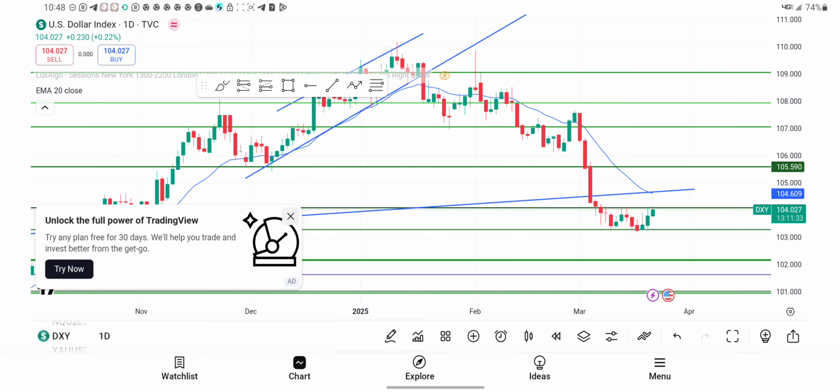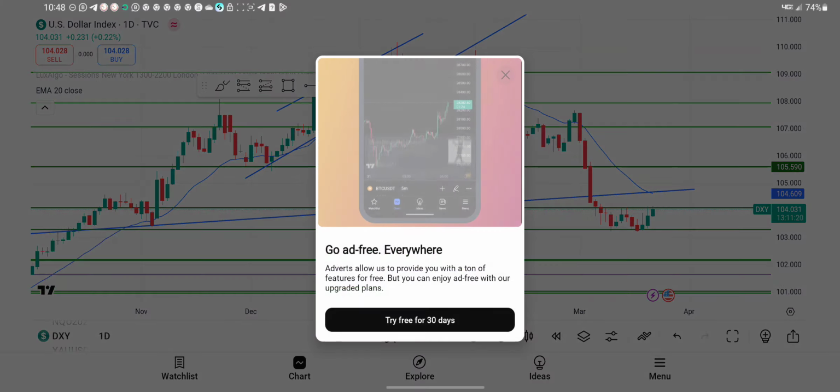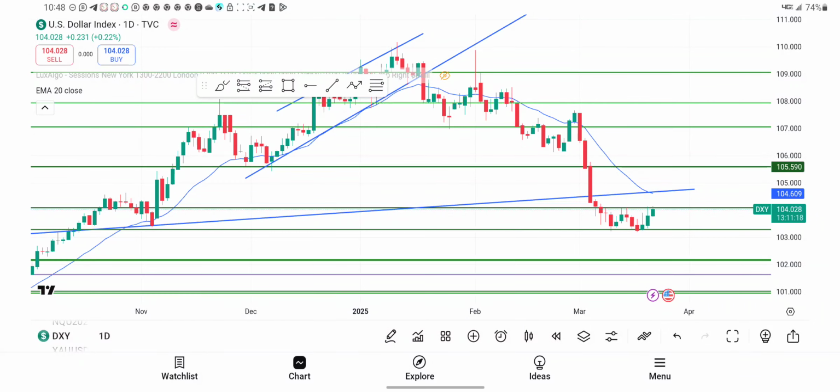I said that so far the market was still above this level, that I will technically and cautiously be bullish on the US dollar.